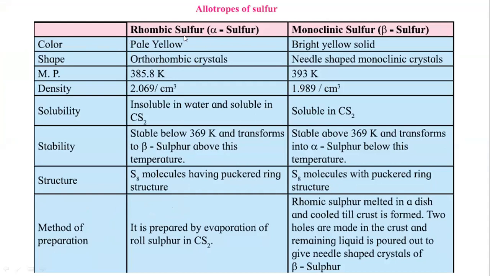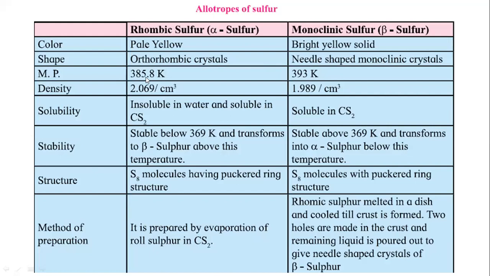The color of alpha sulfur is pale yellow, and the color of monoclinic sulfur is bright yellow solid, remember. So the color is also different. The shape of alpha is orthorhombic and beta is needle shaped, monoclinic crystals.